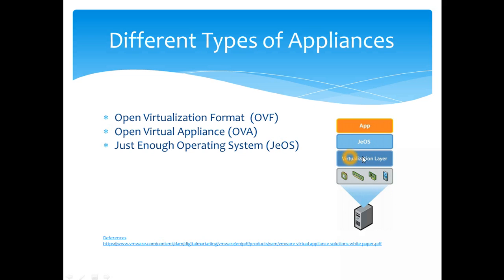You have your hypervisor virtualization layer, and then you have your just enough OS running here, which is really an operating system, and then you have your appliance here. So this can be classed as a single appliance, really, the JEOS and app, which could be OVF.